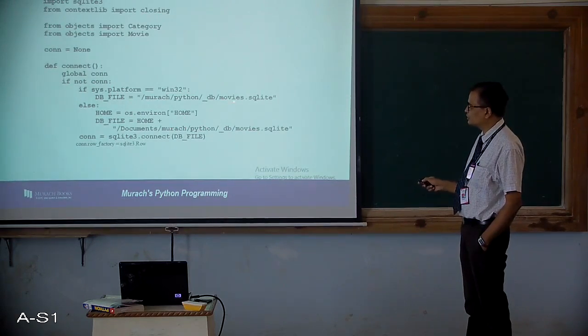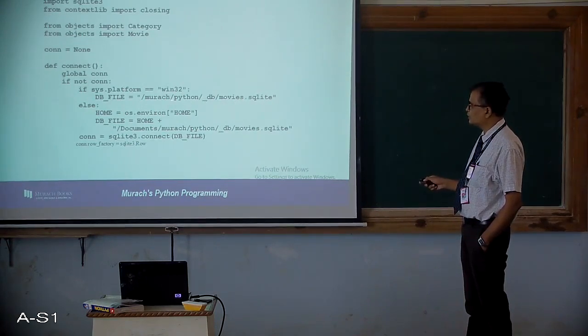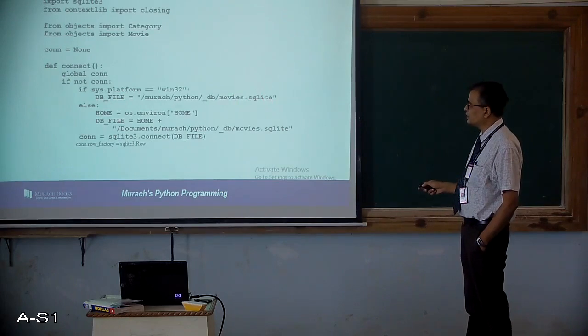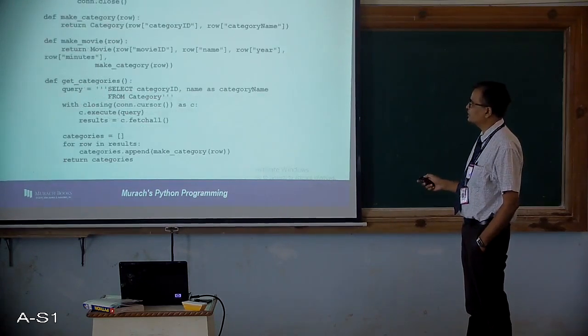If it is a Windows platform, this, that, then you will have to specify a DB file. So what we are doing is specifying a DB file as movies.sqlite, and then we do this, then this. All the things are written together in this particular database here.